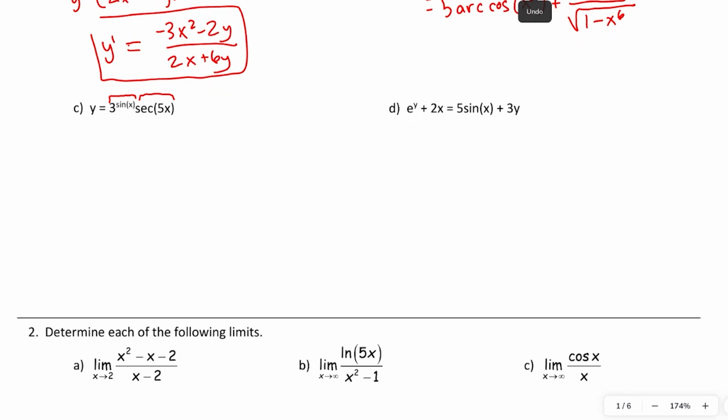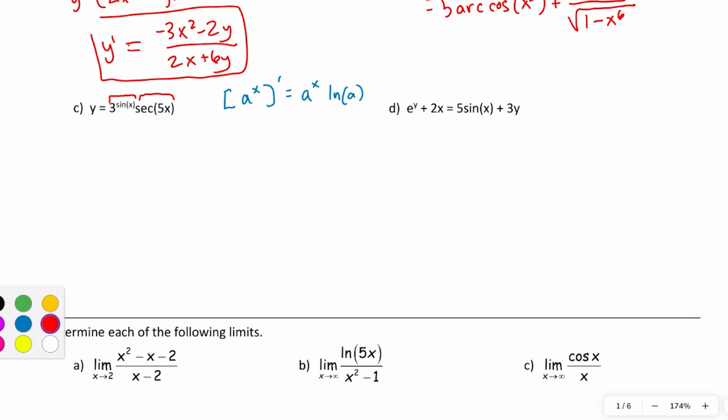So the derivative of an exponential here, like if I want to differentiate, I'll use a different color here so this doesn't get all mixed up. So if I want to differentiate a to the x, I'm going to get a to the x times the natural log of whatever that base is, a. Okay.